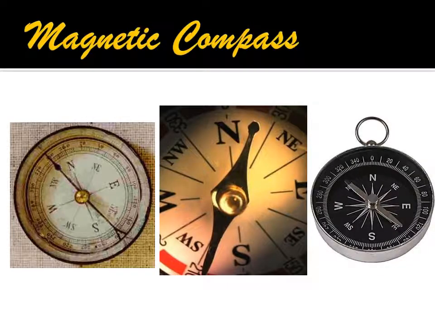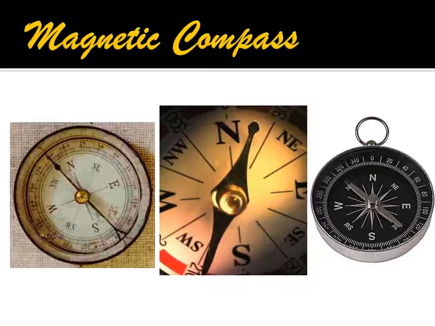Then we have the magnetic compass. The magnetic compass was used previously by sailors to navigate or to locate a place, and it is very effective for travelers also. In this magnetic compass there are marked north, south, east, west, northeast, northwest, southeast, southwest.